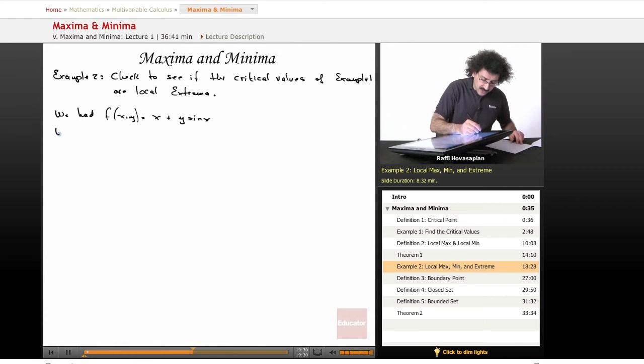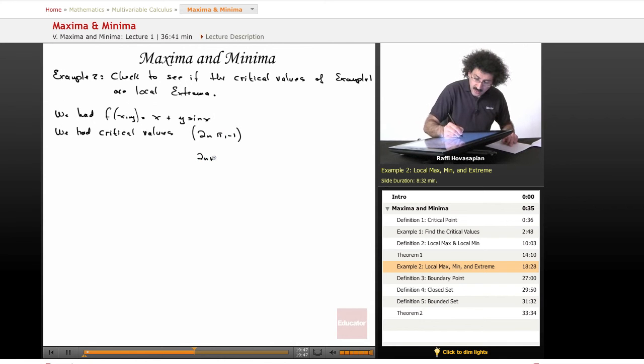Okay, and we had critical values 2n pi, negative 1 and (2n plus 1) pi, 1, defined for all n in the integers Z.